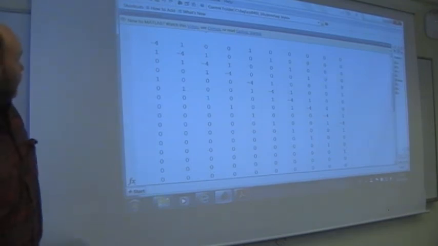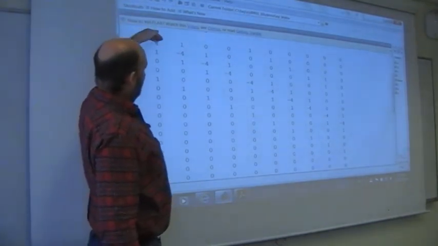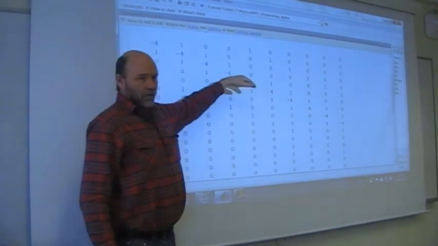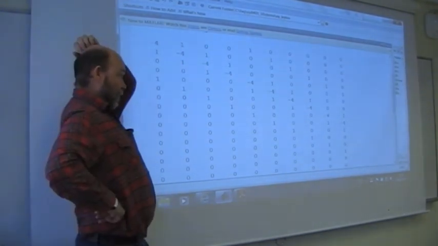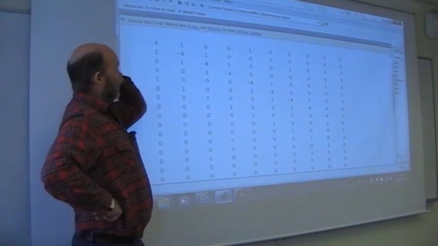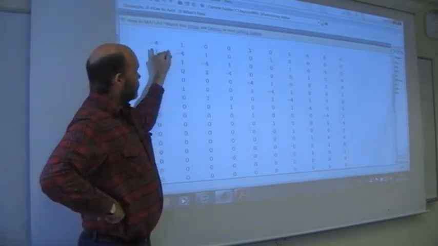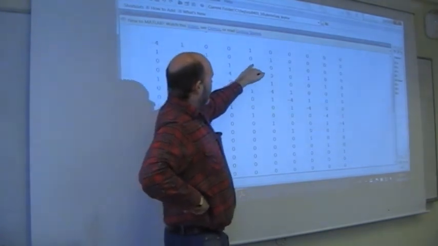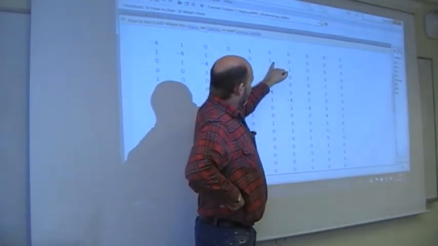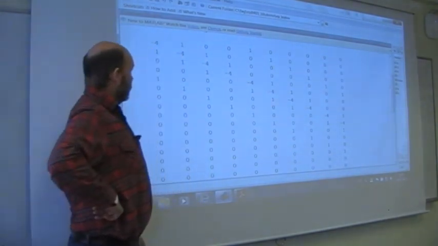So the matrix starts here, you have the diagonal of -4. So this is typically from the Laplace operator. You will have -4 on the diagonal, and then you will have 1 for the neighbors, but you'll have another one here, and then we should have a third one as well.